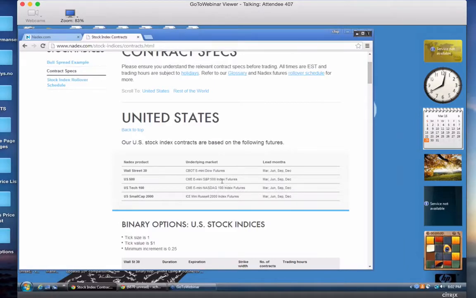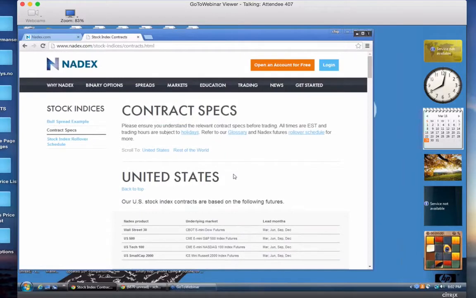Here it's the CME S&P, the ES. So you have to remember that the binaries are really a derivative of the futures. The futures are already a derivative of the cash, but that is the driving force to the price action on Nadex.